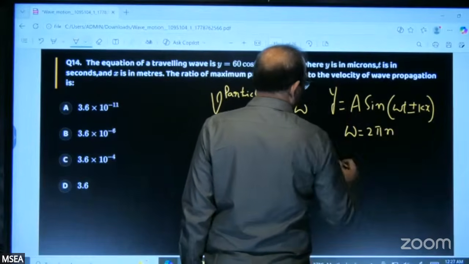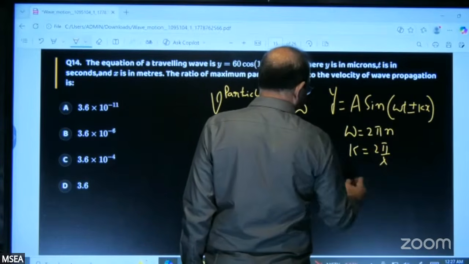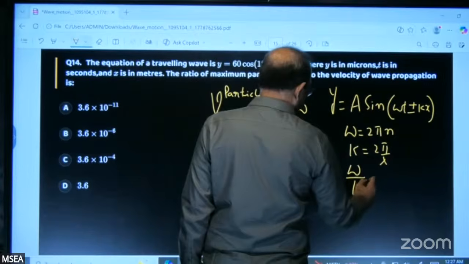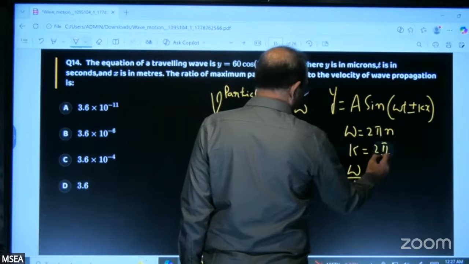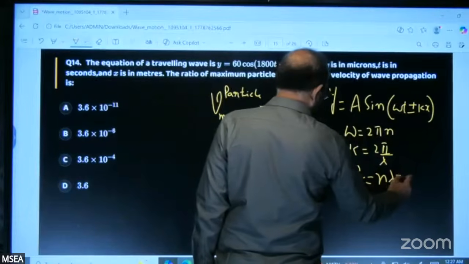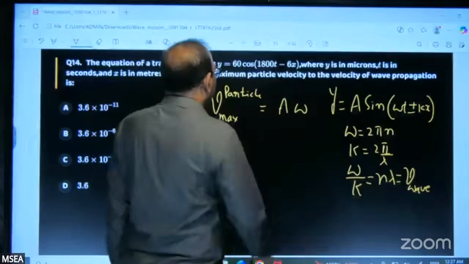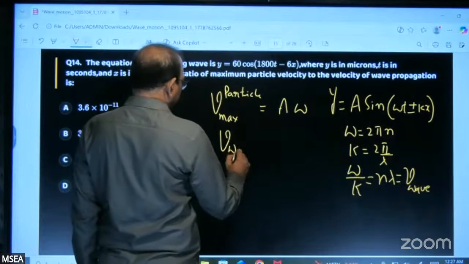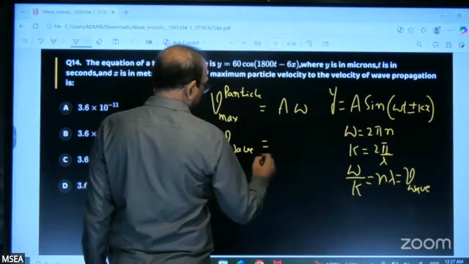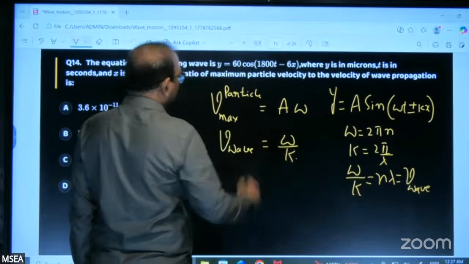Omega is 2 pi n, k is 2 pi by lambda. Omega by k, if you divide these two, you will get n lambda. That is the velocity of the wave. So wave velocity is omega by k.